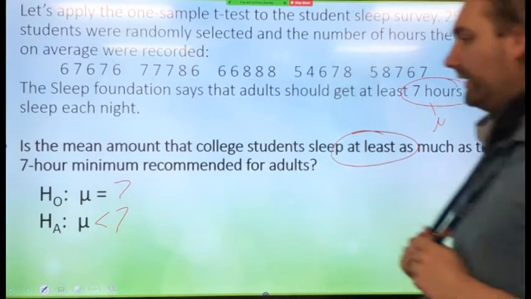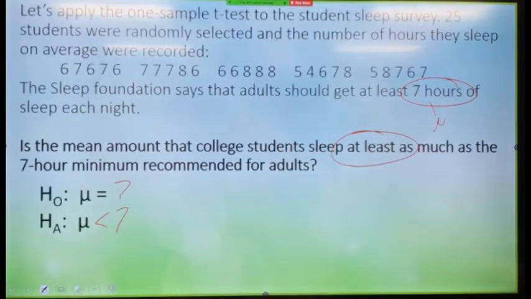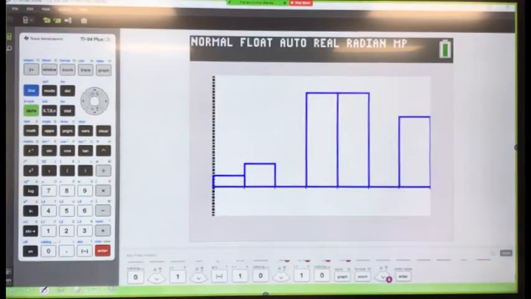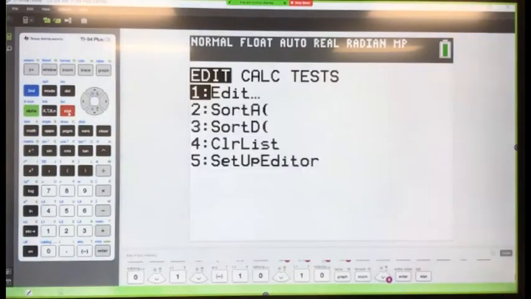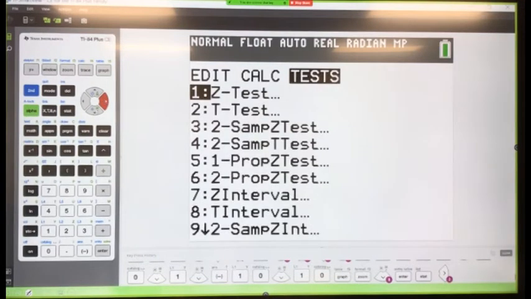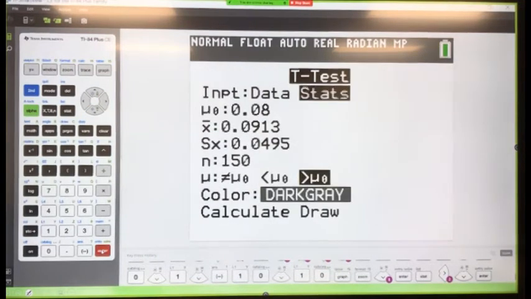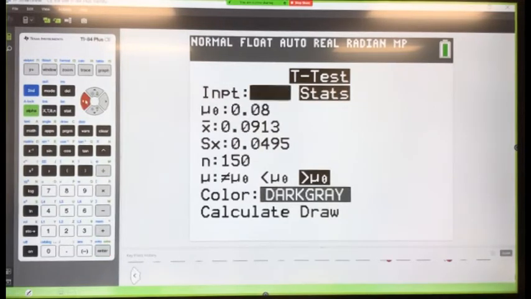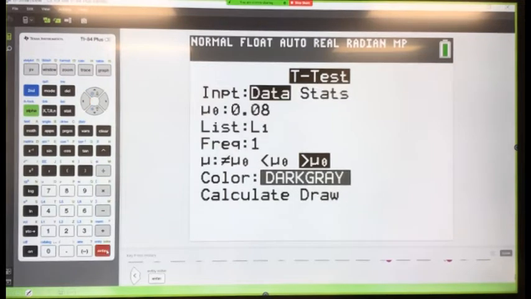Now, let's calculate the p-value. Again, you're going to go on your calculator. Stats, Test, number 2, T-Test. Now, instead of Stats, which we don't have, but you could calculate by hand if you want, you might as well hit Data and let the calculator do the work for you. So hit Data. Our hypothesized mean is 7.